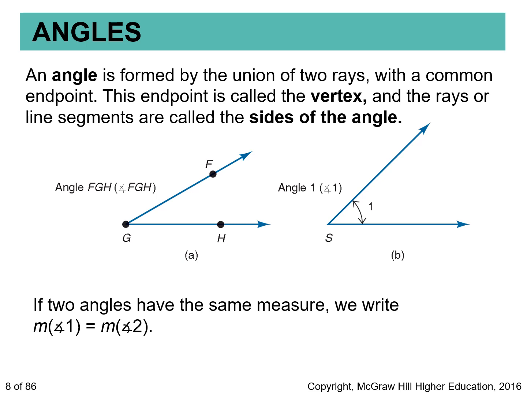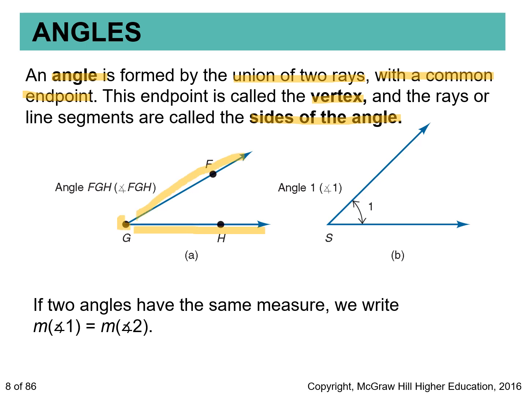Next we have angles. An angle is actually the union of two rays. The vertex is where they share the common endpoint. The rays are called the sides of the angle. Maybe a lot of this you might remember, and you don't have to write everything. If you remember something, don't write it down. But these are the sides.